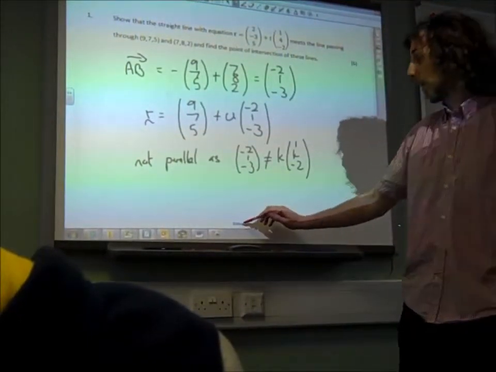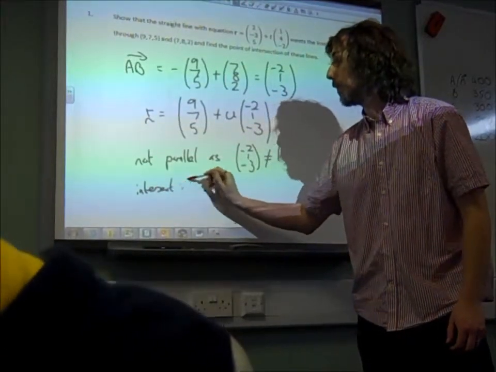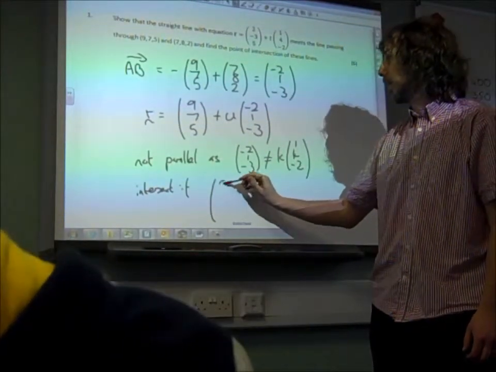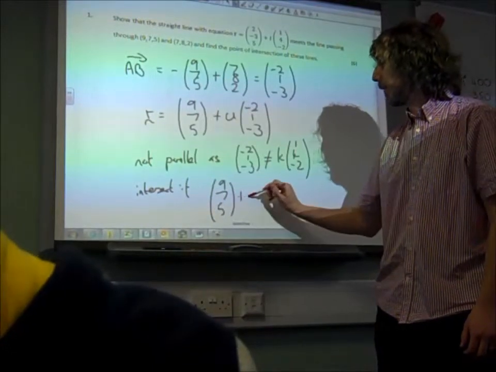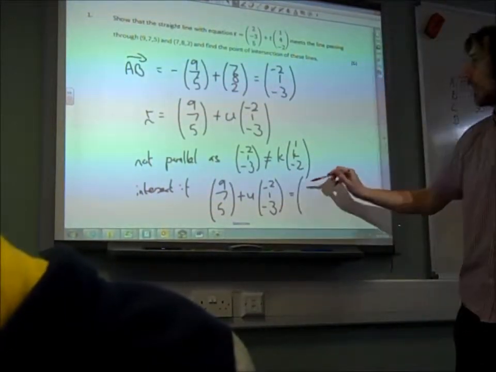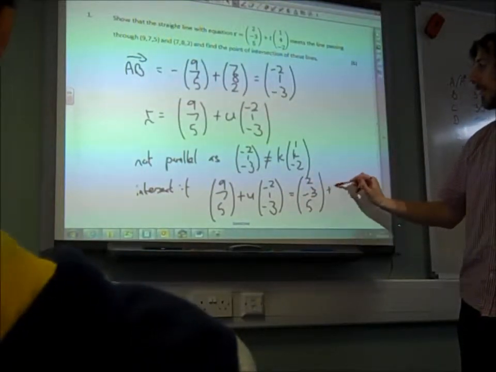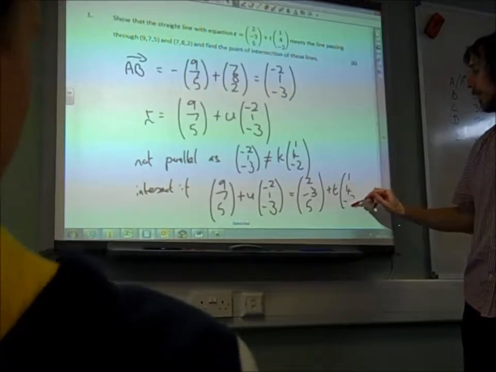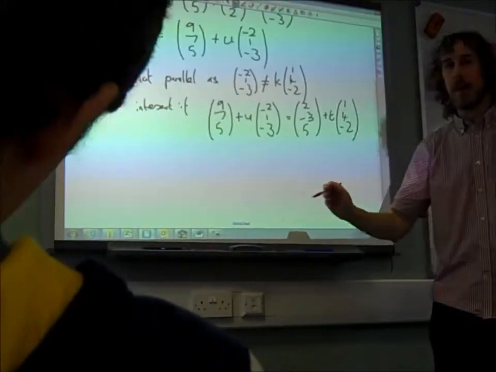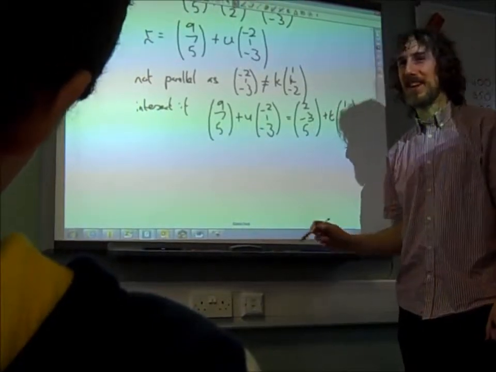Right, so we're looking for they intersect if 9, 7, 5 plus u times minus 2, 1, minus 3 equals 2, minus 3, 5 plus t times 1, 4, minus 2. And then we just compare the coefficients of i, j and k.